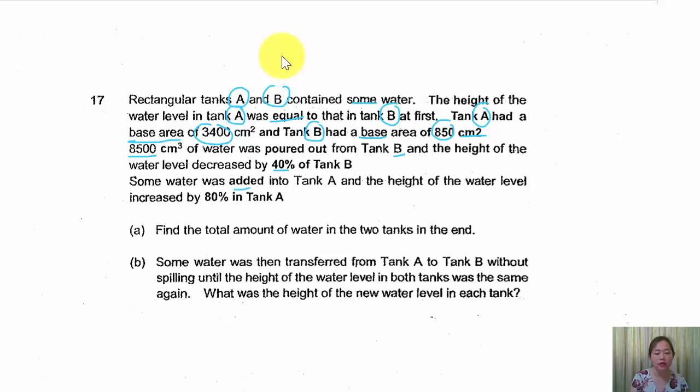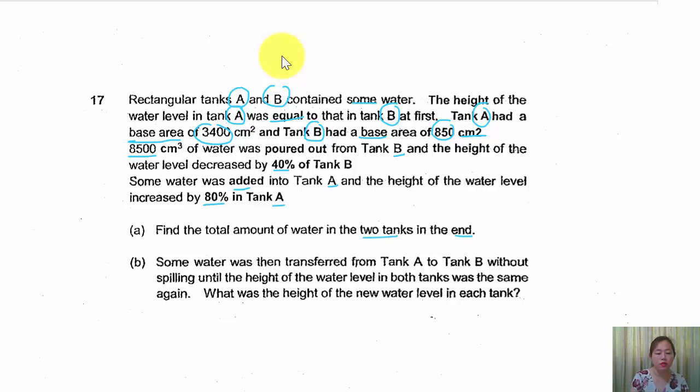Some water was added into tank A, and the height of the water level increased by 80% in tank A. A. Find the total amount of water in the two tanks in the end.